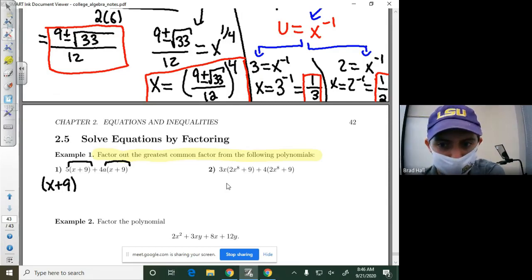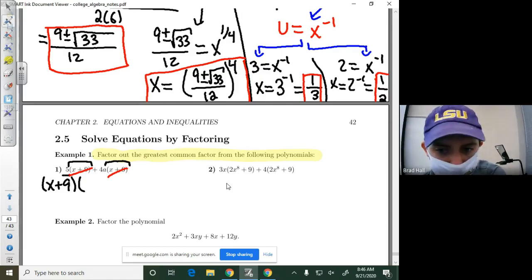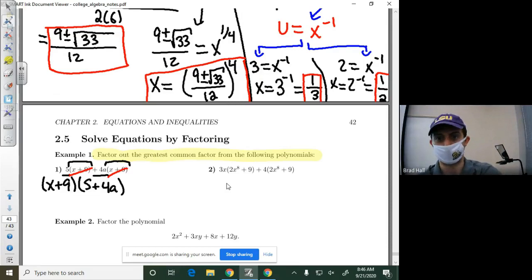So we take out the x plus 9, and then what's left over? There's a 5, and a plus 4a. And that's the answer. That's it. It's one step. That's factoring by grouping ultimately. They just take it a step further for us.